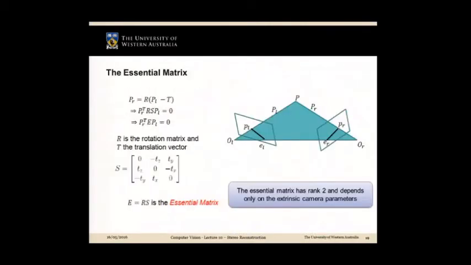Okay. So how to compute this essential matrix? The first relationship involves your rotation and translation, your extrinsic parameters. So your essential matrix deals with the extrinsic parameters of your camera, right? Just keep this statement in mind.